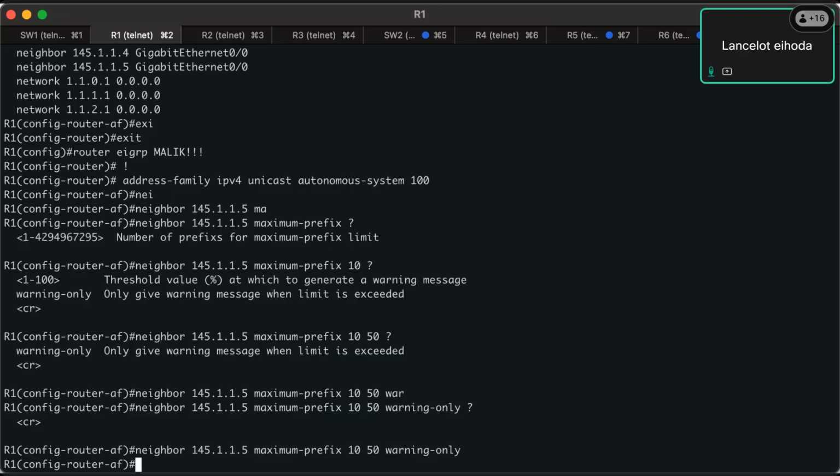And that's about what you need there. But let's go to router 5 and be sure.